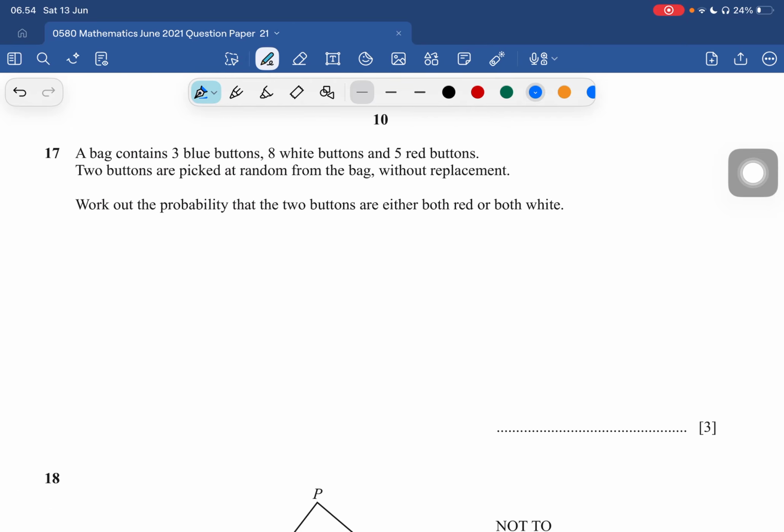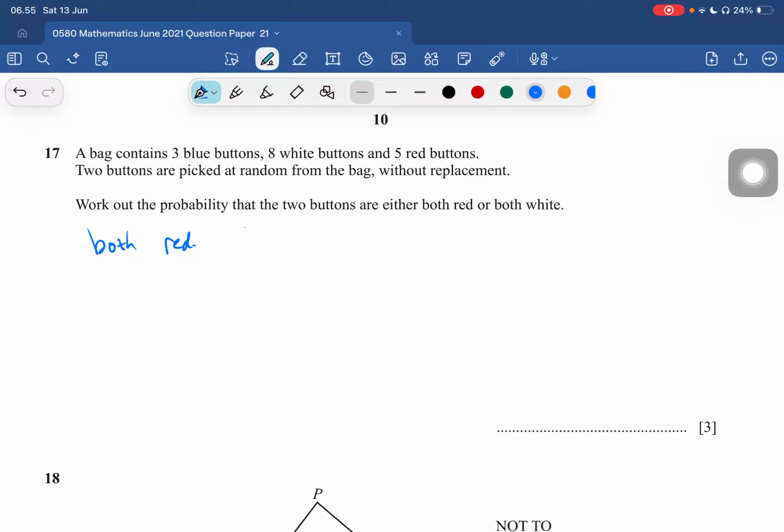Okay, 17. A bag contains 3 blue buttons, 8 white buttons and 5 red buttons. 2 buttons are picked at random. Work out the probability that the 2 buttons are either both red or both white. So first, both red.